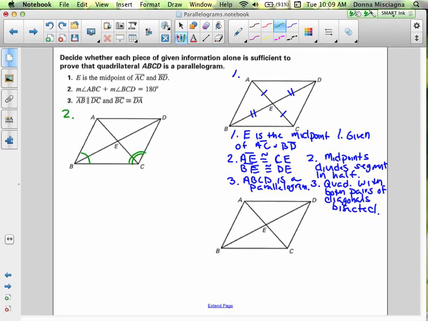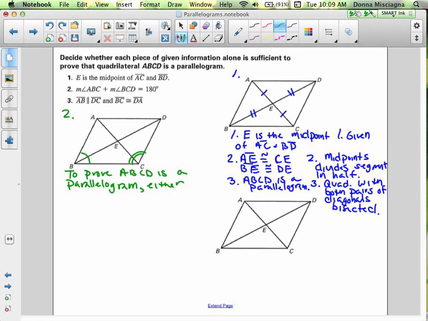All right, so to prove ABCD is a parallelogram, we need 2 pairs, right?